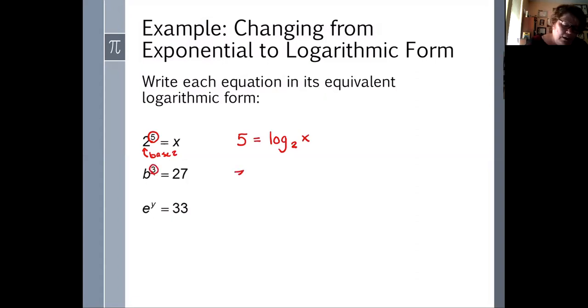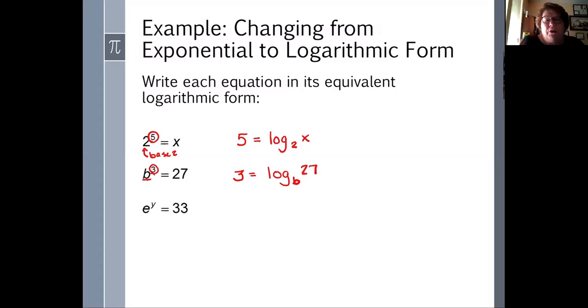So we have 3 equals log. My base, in this case, is b. So we're going to write that as a subscript, slightly to the right and below my previous text, my log. And that's going to be of 27.